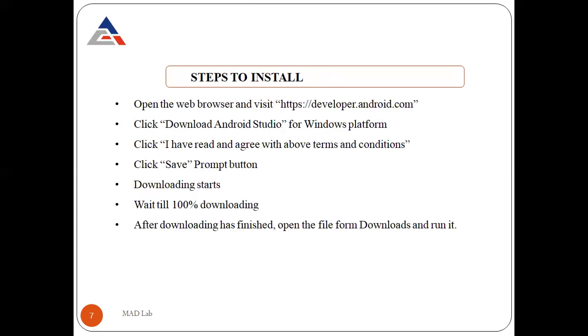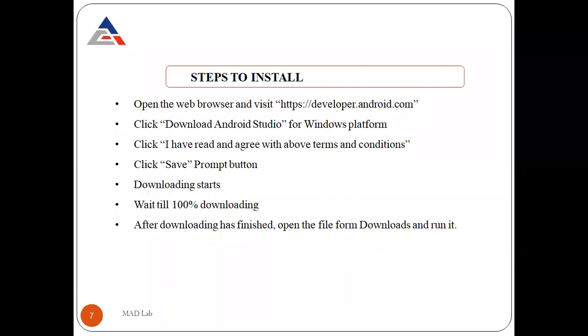Today we learn how to install Android Studio on the Windows platform. You can either get a copy of the executable file from someone else, or you can collect it from the website developer.android.com. Open the browser, go to the website, and download Android Studio from there.